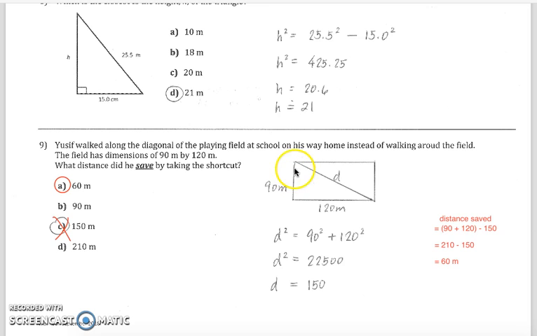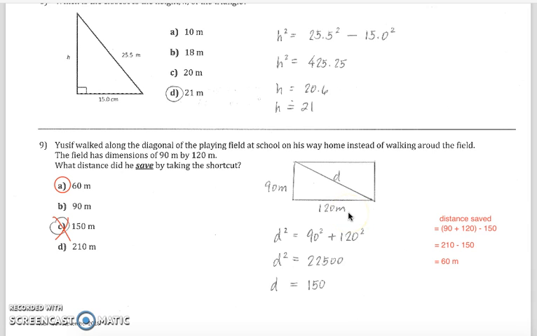So you can assume that the schoolyard is a rectangle and school is here and his home is here. So by the word diagonal, we know that Yusuf is walking along this distance. And we know that the field is 90 meters by 120 meters.